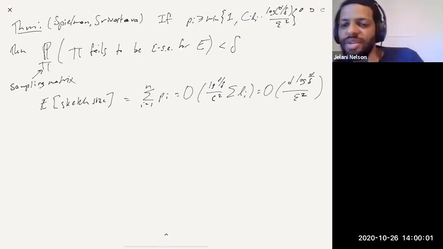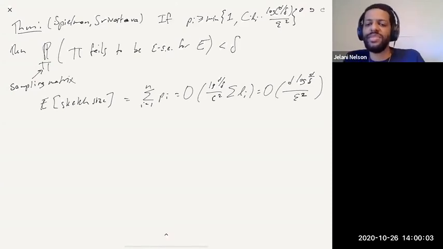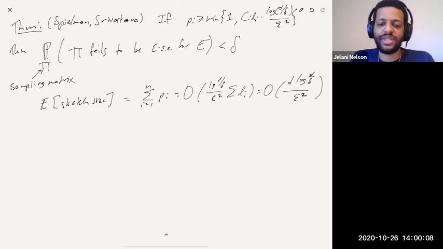So it's not terrible. You can't hope to beat d, and this is getting within some log factor of d, log d over delta.